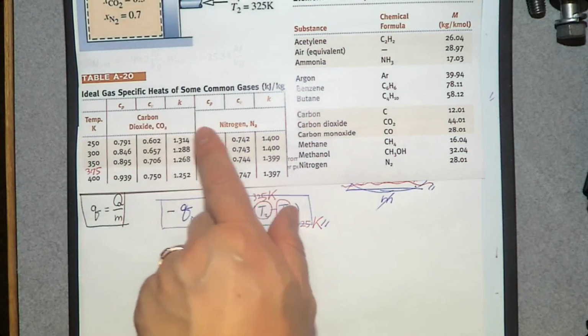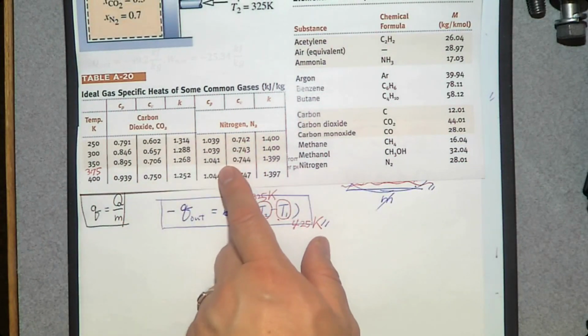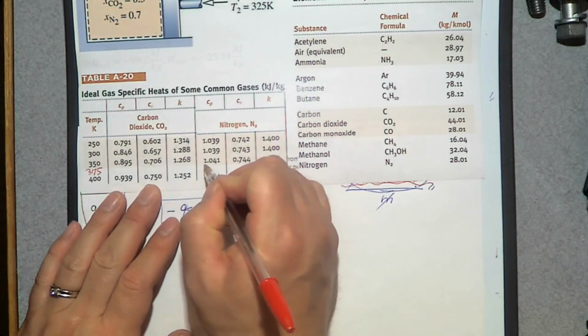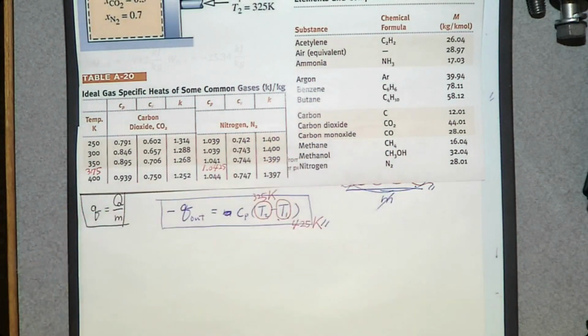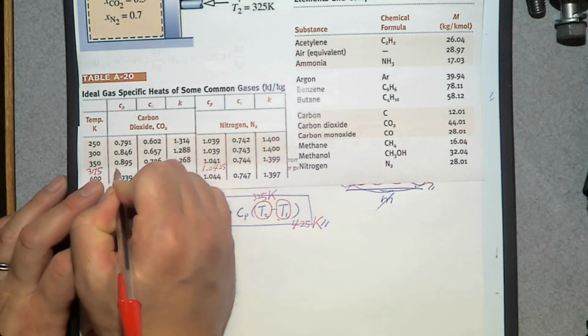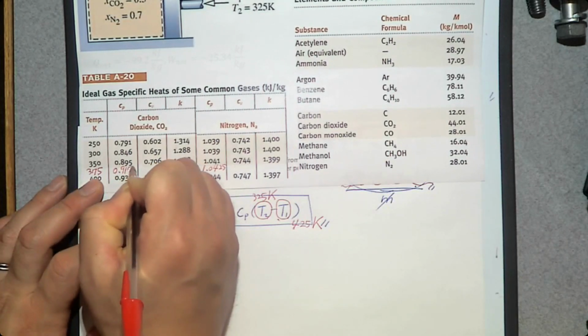For nitrogen, it's going to be 1.0425. And for carbon dioxide, it's going to be 0.917.